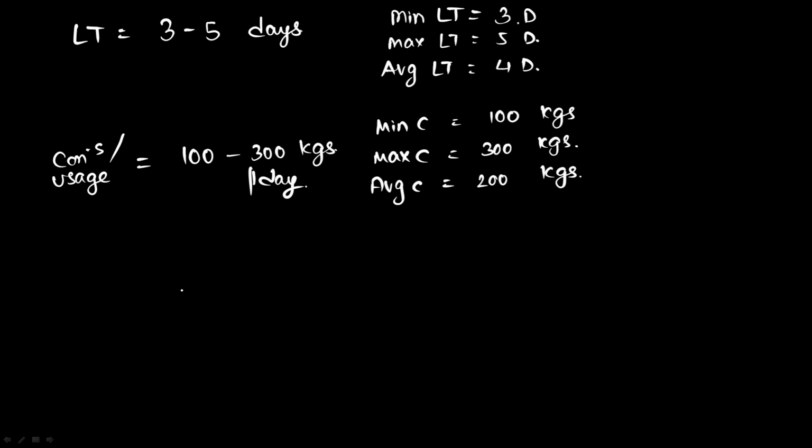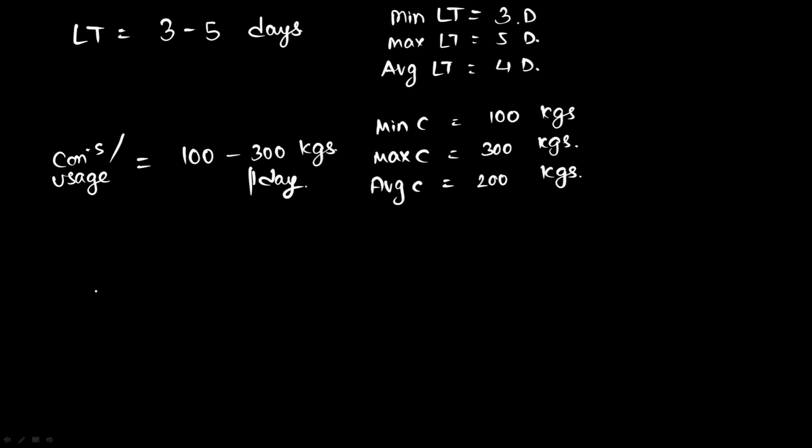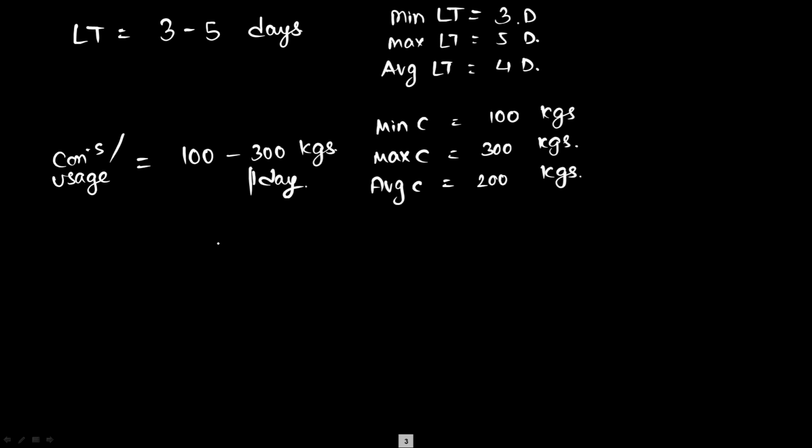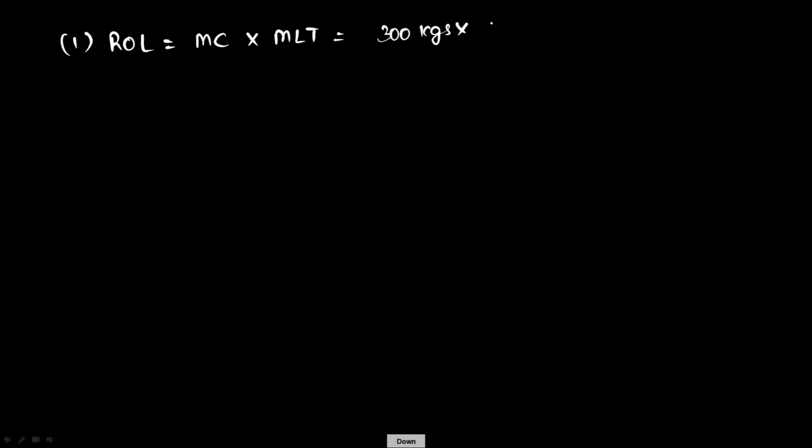I am finding out reorder level by first formula. Number 1, reorder level. It is equal to maximum consumption into maximum lead time. What is maximum consumption? 300 kgs multiplied by maximum lead time, 5 days.